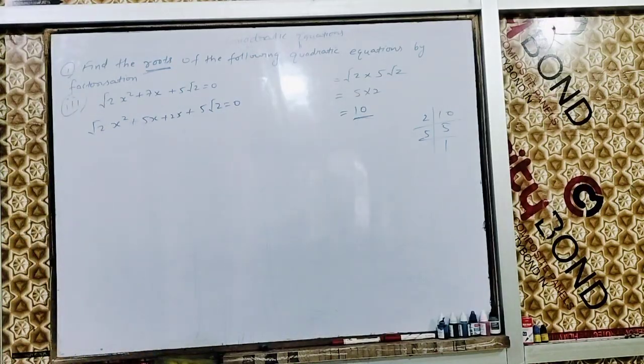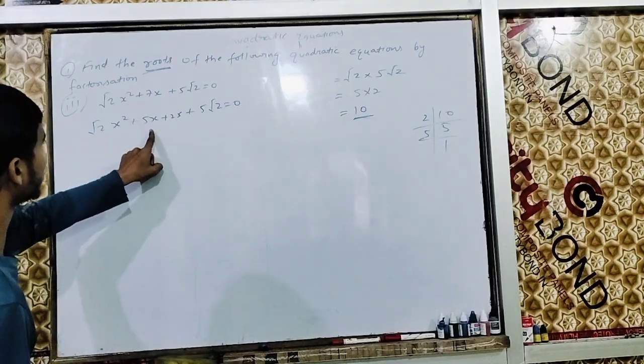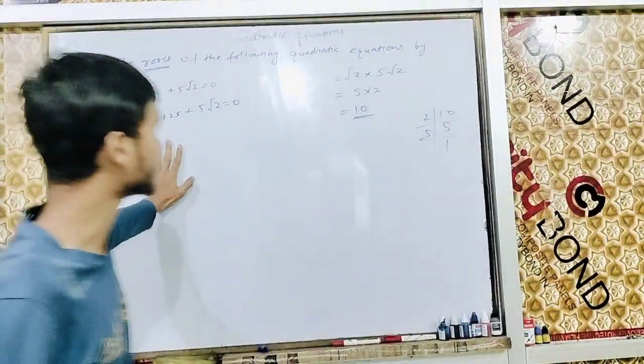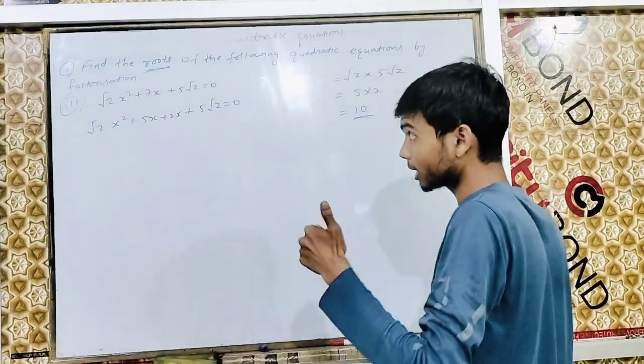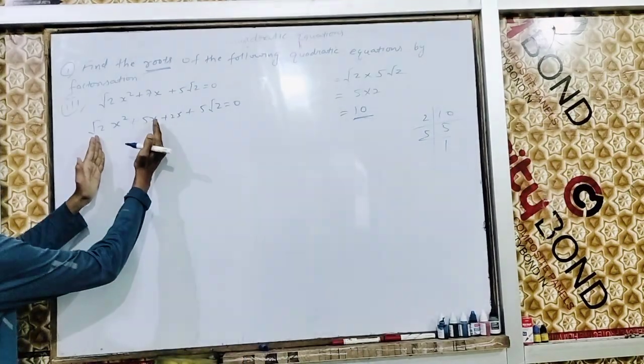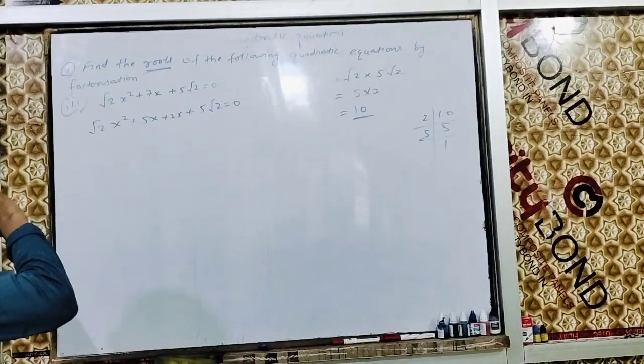What should be the next step? Here the next step is that there are 4 terms. You can see there are 4 terms right now: this one, second, third, fourth. With the help of this, we can take common things, first of all from these 2 terms. What is the common?